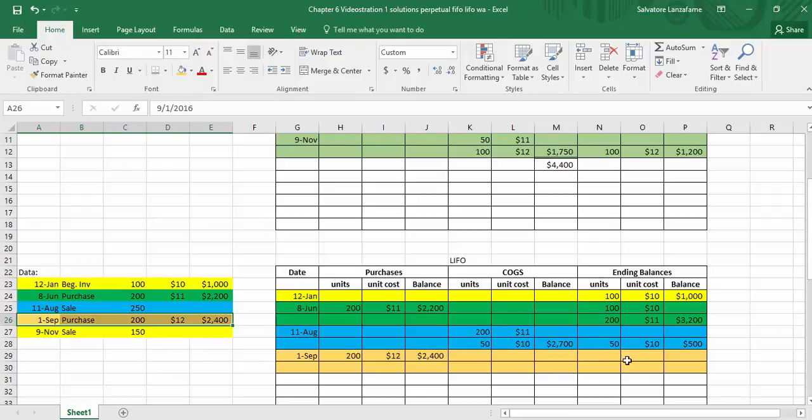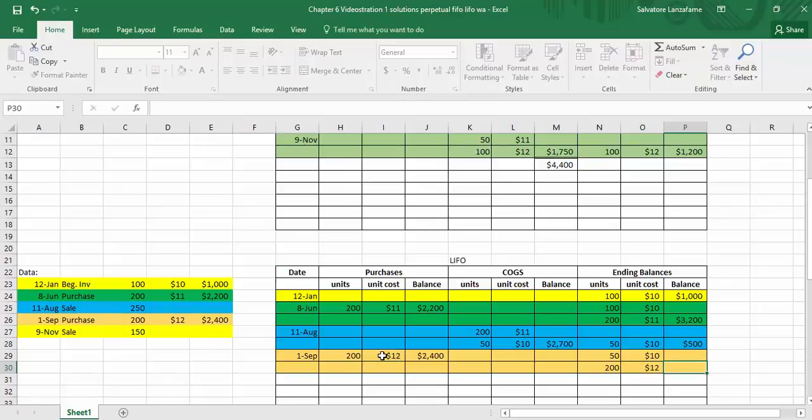Okay, so in our inventory, we have the old 50 at 10, and now we just acquired 200 more at 12. So let's do the math here. 50 times 10 plus 200 times 12.